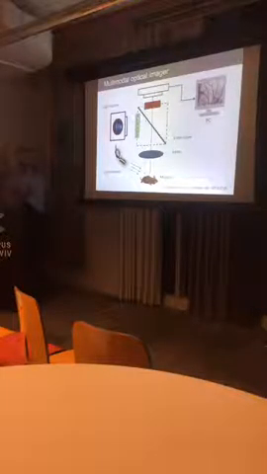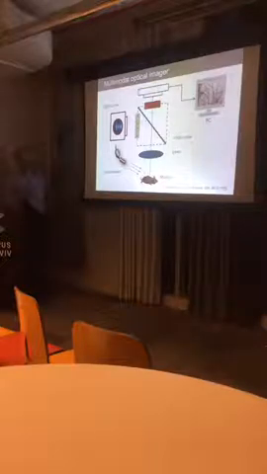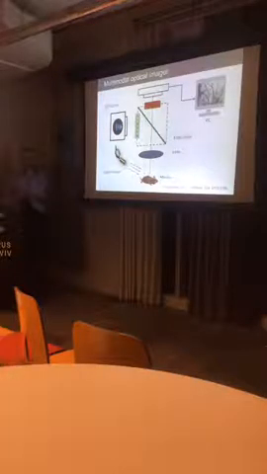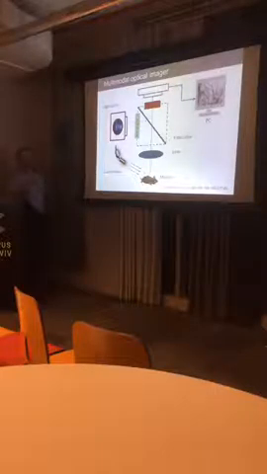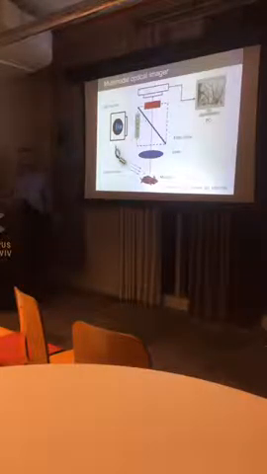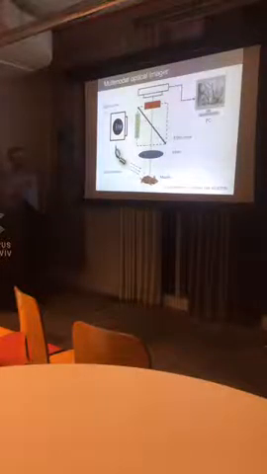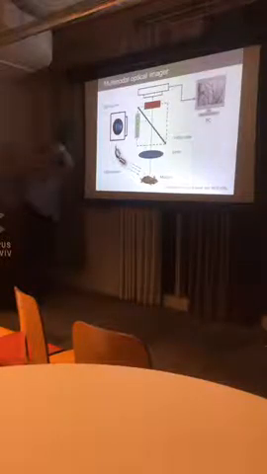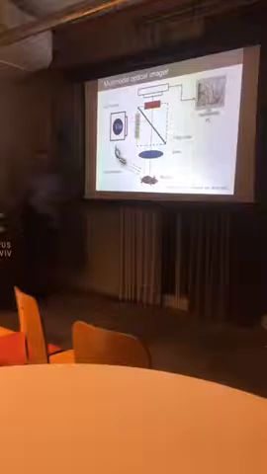This is the excitation filter, this is the dichroic mirror, or you can also use oblique illumination. And this is the emission filter, and it can work for the fluorescence and for the laser module without interfering. Or you can specifically take another filter and split for another camera, but then it's a little bit more expensive, though it also works. So the filtering is a very simple design. You also don't need to use it. You can make two light sources from the side, and that also works nicely.